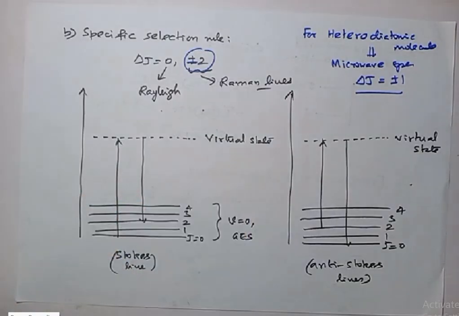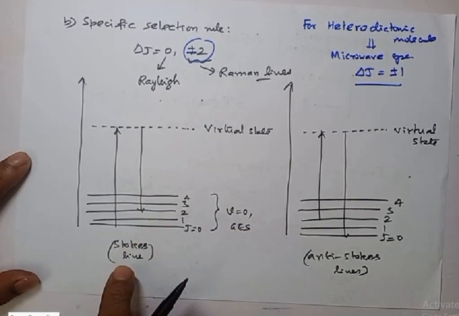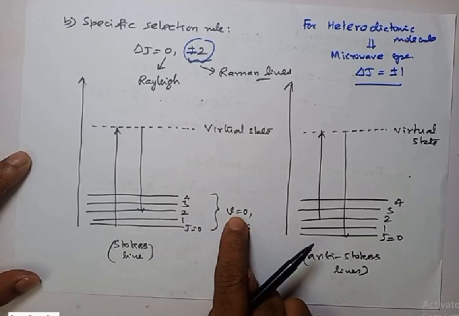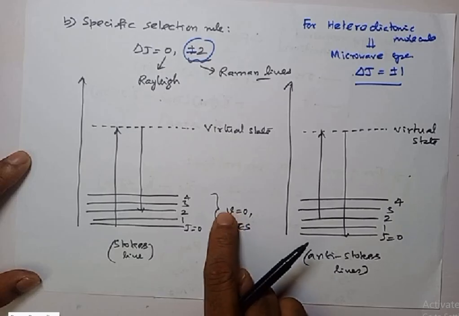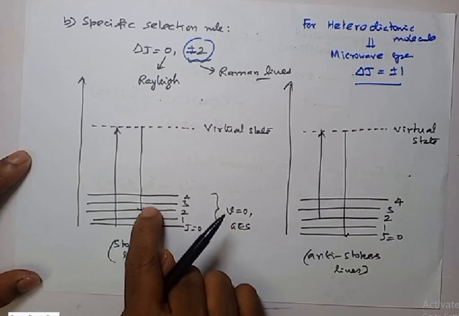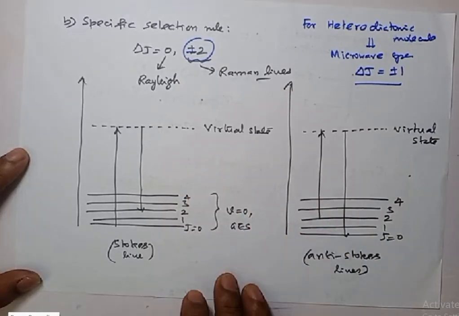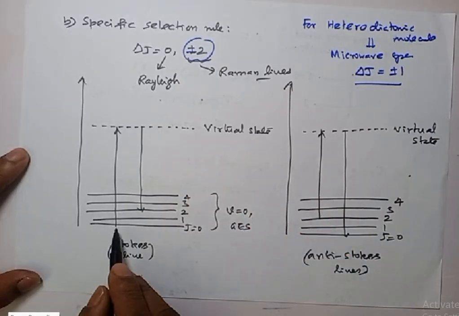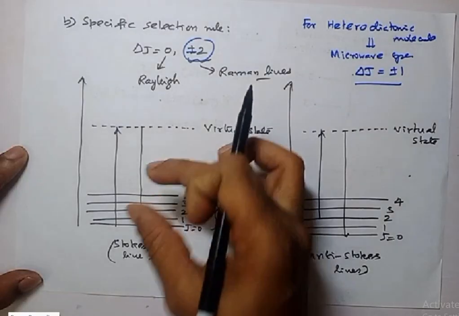How to understand this plus or minus 2? What is the meaning? Suppose I take a molecule present in the ground vibrational state of the ground electronic state. In this, we have a number of rotational levels, J equals 0, 1, 2, 3, 4, etc. You know very well, rotational level gaps are very, very small.